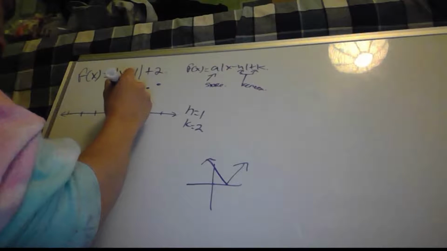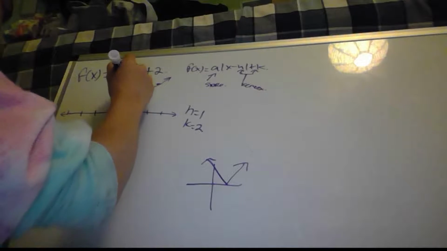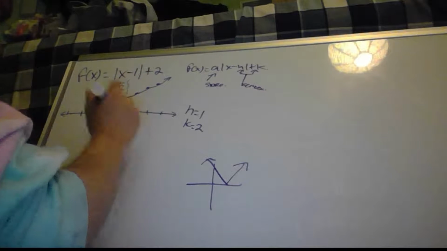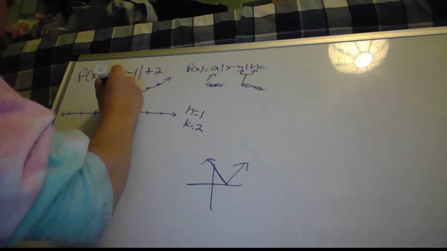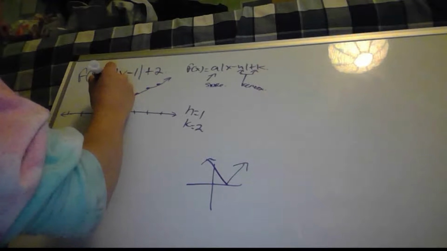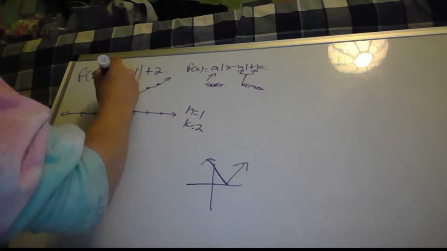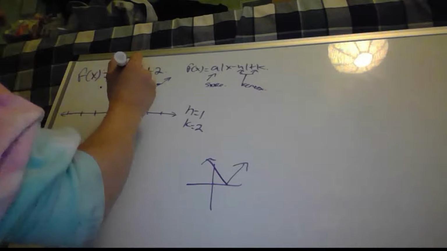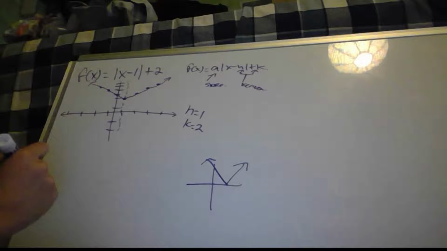Since this is your vertex, you can draw a little dashed line here and just reflect. So then it's like 1, 2, 3, 1, 2, 3, and that would be your graph, right?